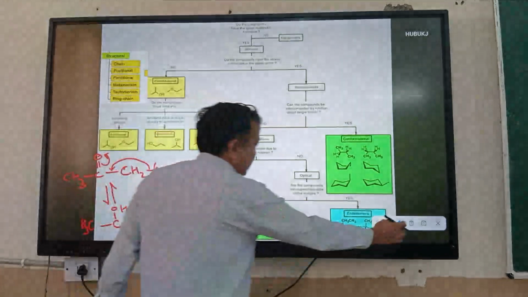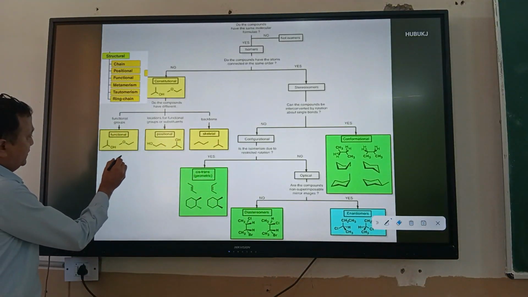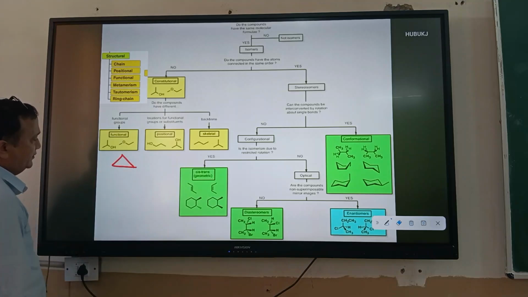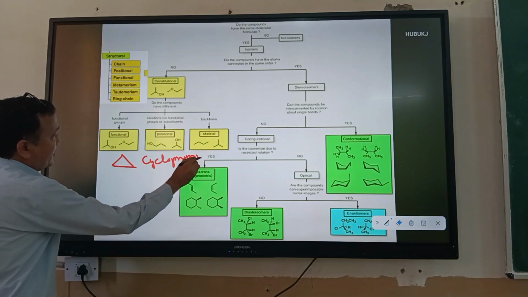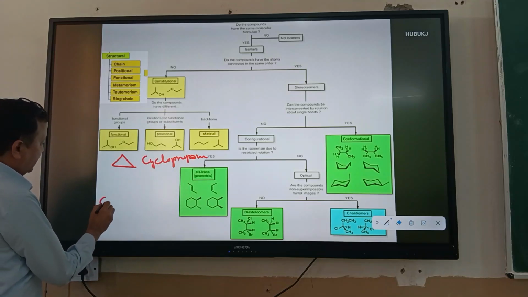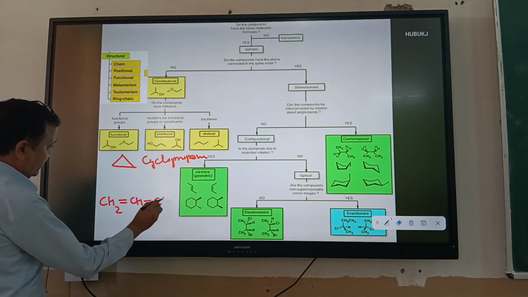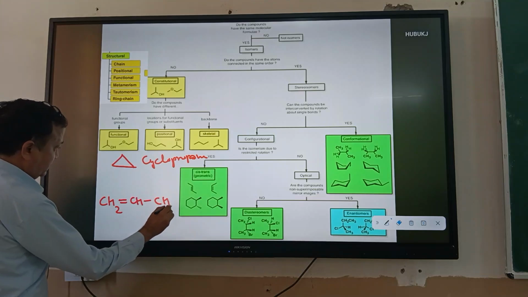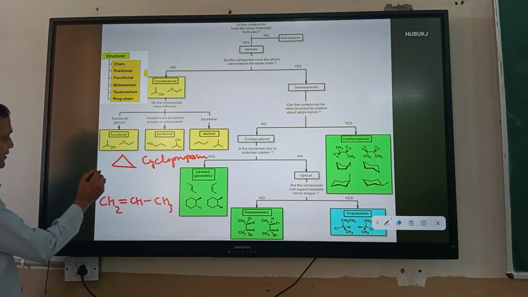Another type of isomers are the ring-chain isomers. You can say this is your cyclopropane. Here you can write propene, one propene and another cyclopropane. Let us see their molecular formula.